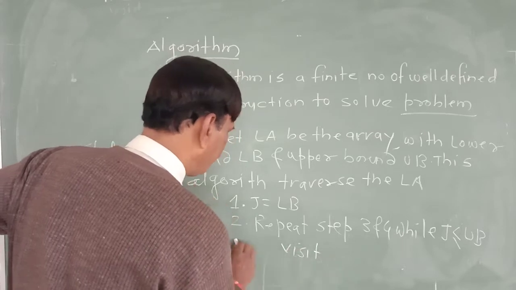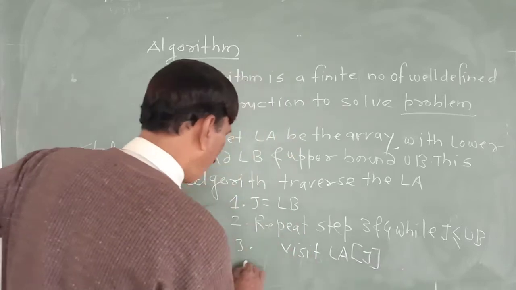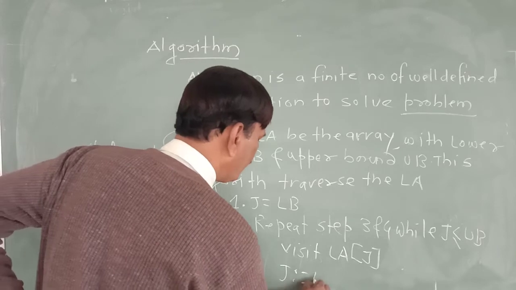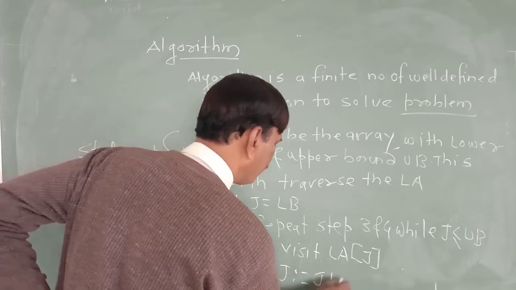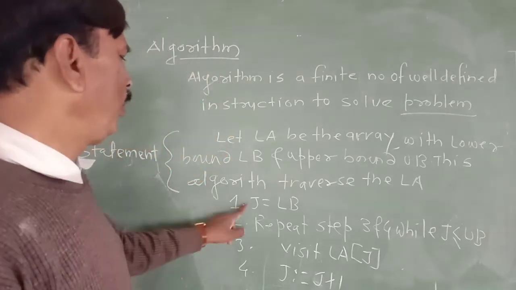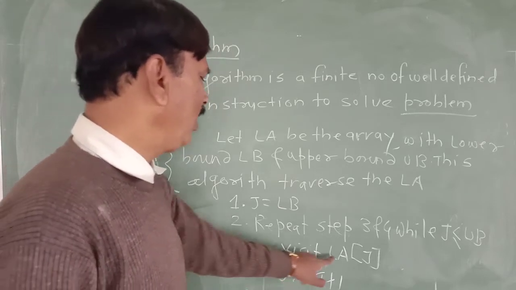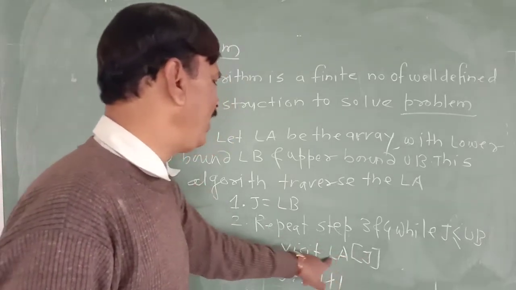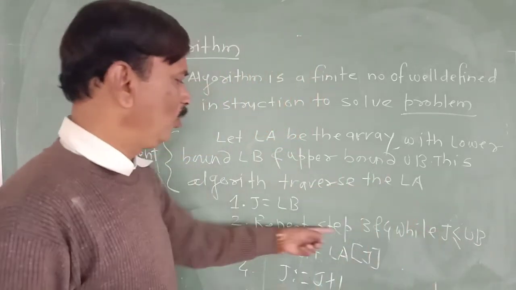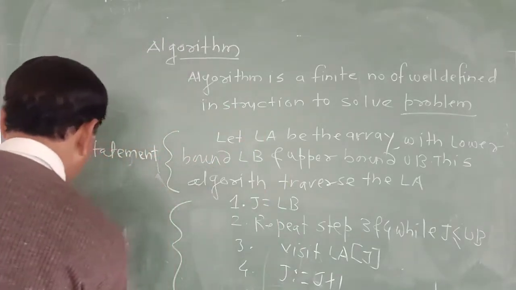Step 3, visit LA[J]. Step 4, J is equal to J plus 1. Step 5, exit. So with lower bound 1, step 3 and step 4 should be repeated. LA[1], LA[2], LA[3], LA up to how long? Upper bound was 4. So LA[1] to LA[4] will be visited. So these are called steps.